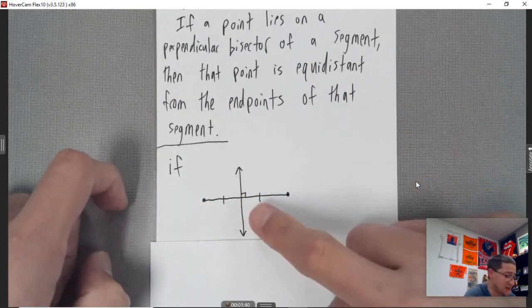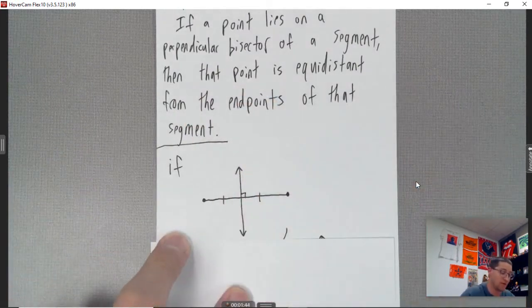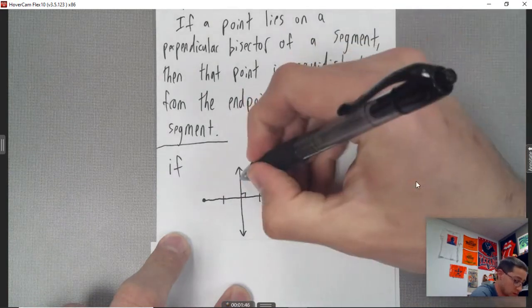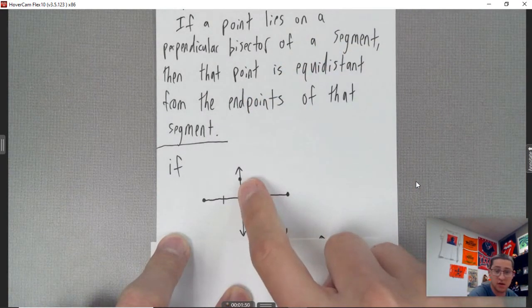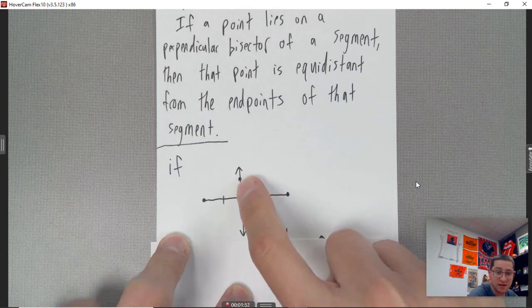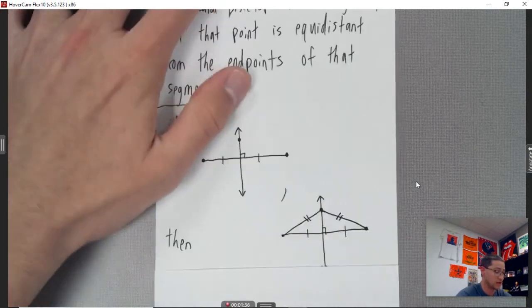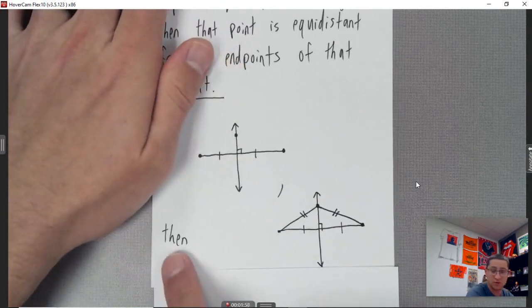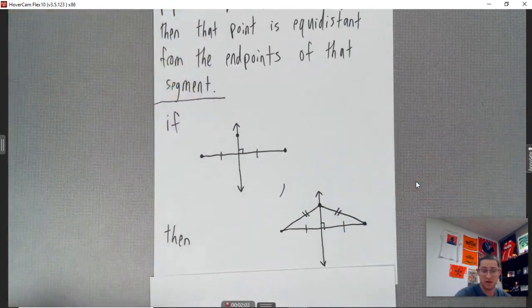If that's the case, it's saying that if we have a point, so we've got to draw our point on this one. If we have a point on that perpendicular bisector, then that point is equidistant from these original endpoints. In other words, you have this, right? So that original point is this one, and everything matches up here.